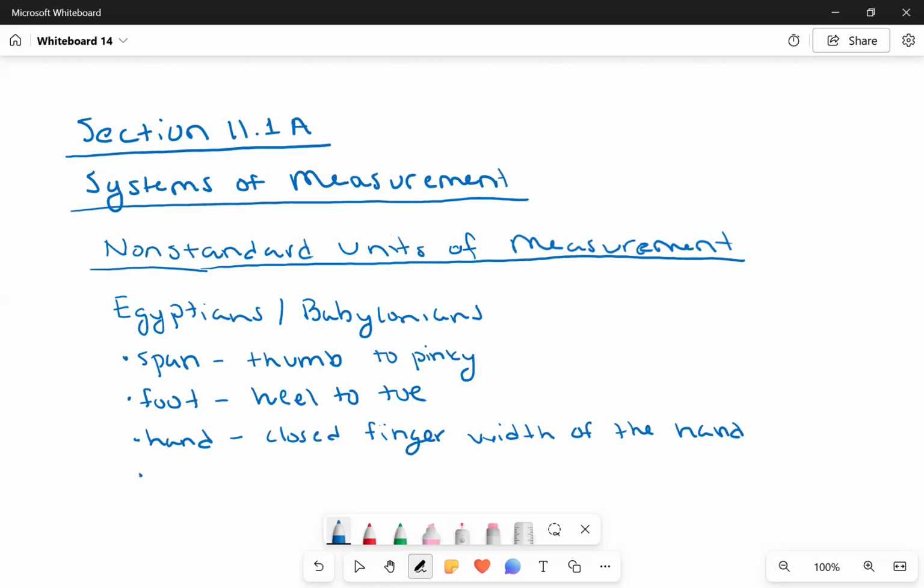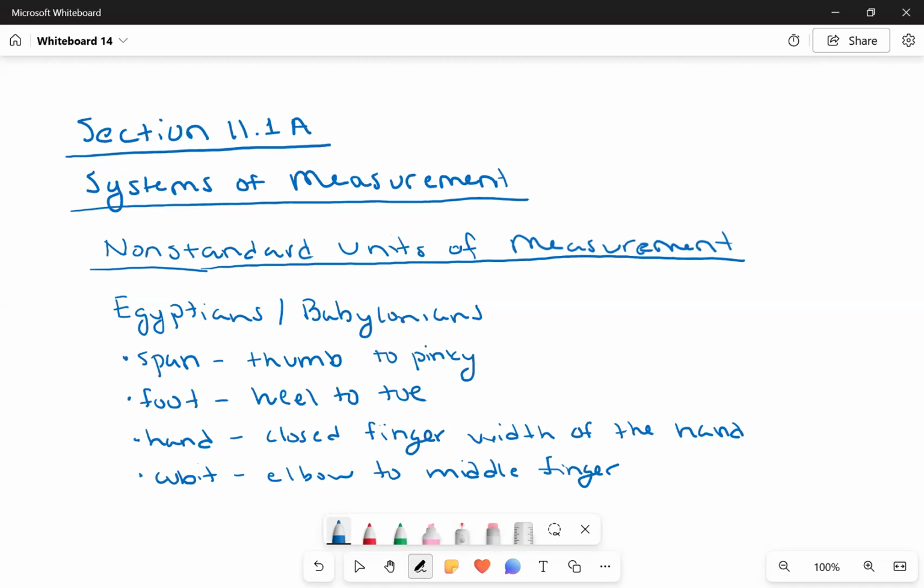And then cubit. A cubit was approximately your elbow to middle finger. That length. And there you go.